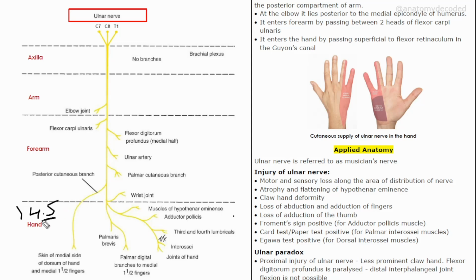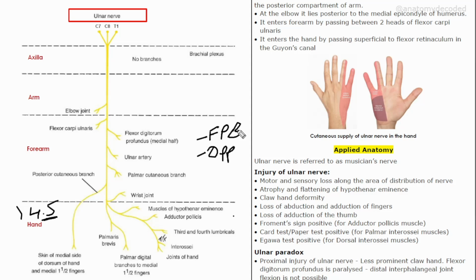Out of which, which 4.5 muscles are supplied by the median nerve? There is a muscle called flexor pollicis brevis. Then there is opponens pollicis. Now I'm speaking about the muscles supplied by the median nerve.